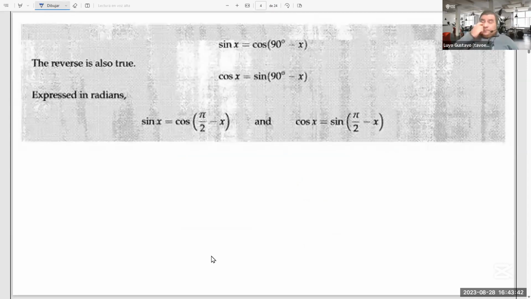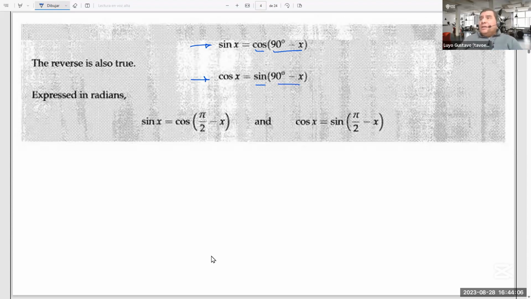For example, there is also a correspondence between sine and cosine, right? The sine of x is the same as the cosine of 90 degrees minus x, that is the complementary angle, and vice versa, the cosine of any angle is the sine of the difference between 90 and the angle.